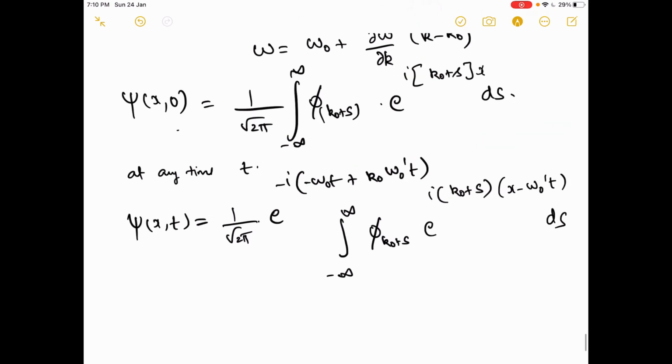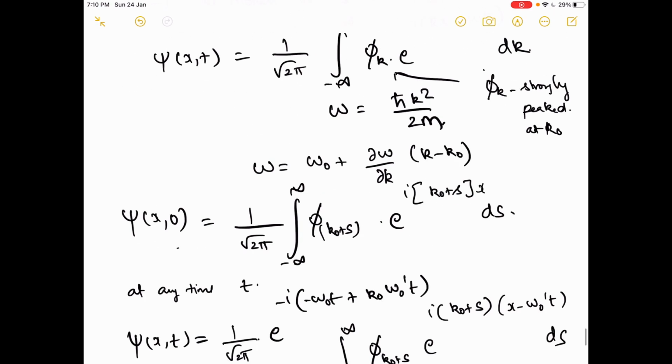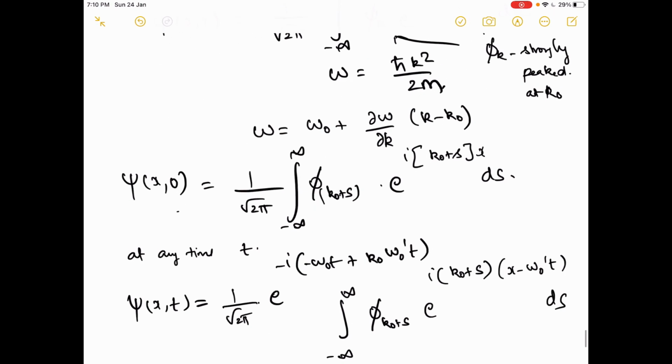So I have just replaced omega by this particular expression, and then I have substituted s equal to k minus k naught. If you do this, you get this particular relation.